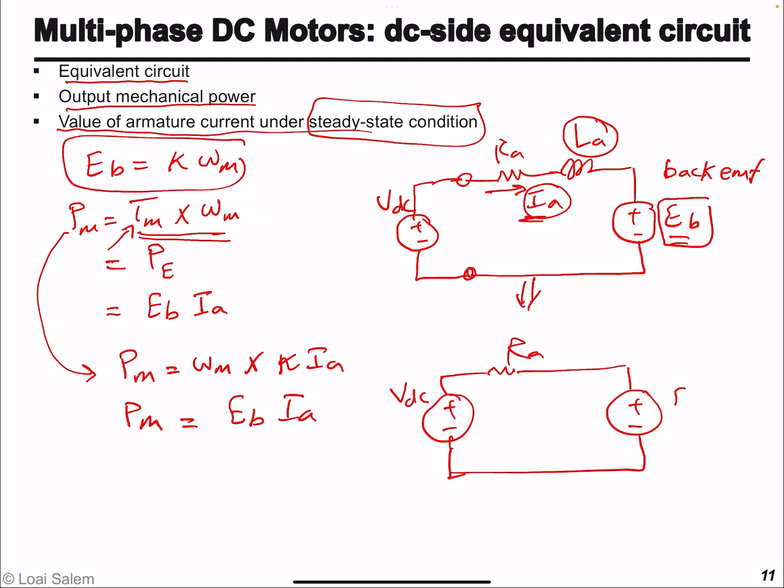This is VDC, this is EB, and so the value of the armature current IA at steady state is going to be essentially the applied voltage minus the back EMF divided by the armature equivalent resistance RA.